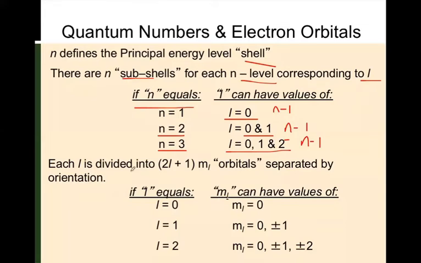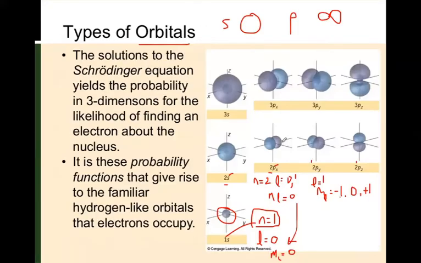So then for each L value, we have 2L plus 1 ml numbers or orbitals. And these are separated by orientation. So they are usually orientated so that we can have a minimum of contact between them. So we saw that with the p orbitals here, where they're pointing along orthogonal axes.